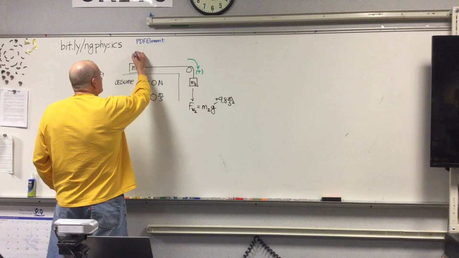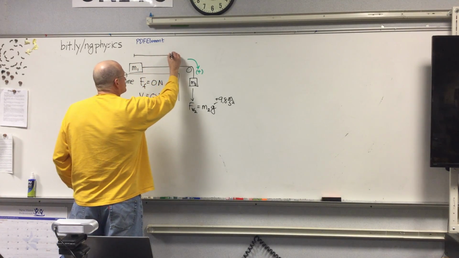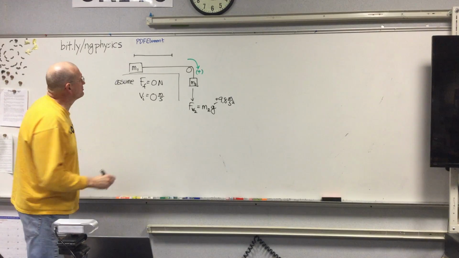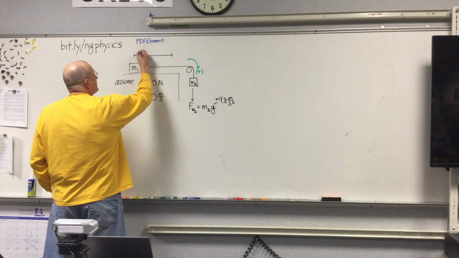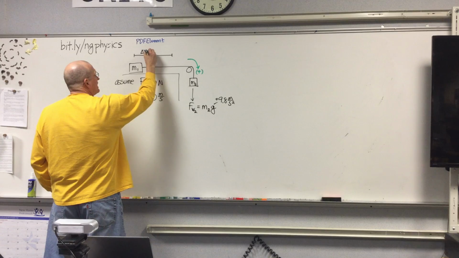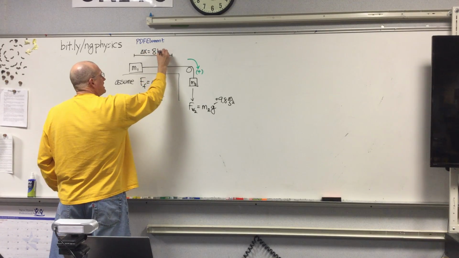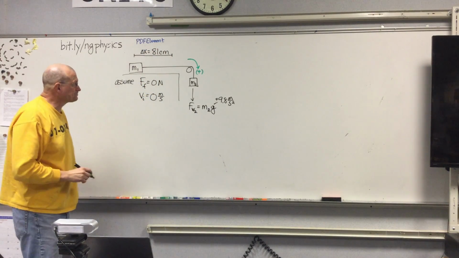Now the photo gates were set up at a known distance apart from each other, and that would represent our delta x, and that was 81 centimeters.